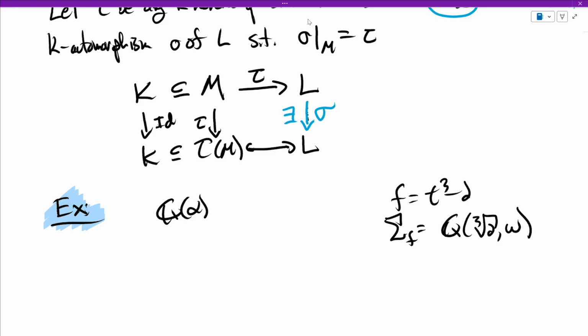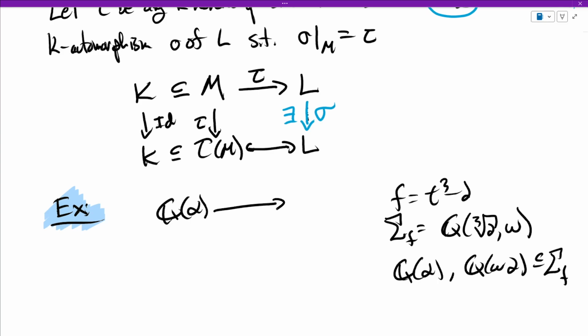Inside of the splitting field of F, there are many subfields. I know, for example, that there are at least two: Q adjoin alpha is a subfield, but also Q adjoin omega alpha is a subfield. So these are both subfields of the splitting field of F. Great.